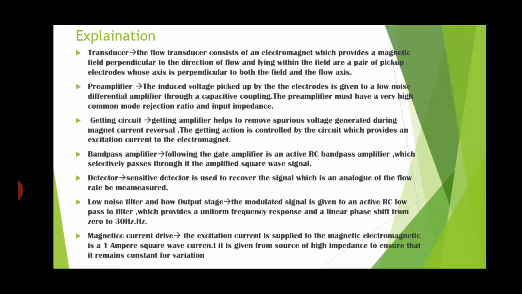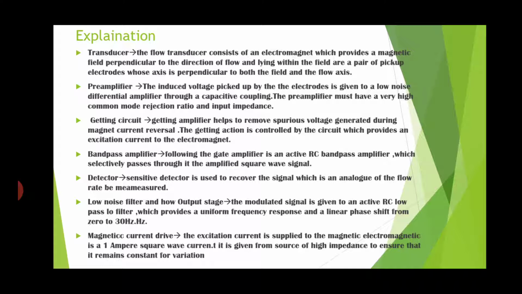Following the gate amplifier is an active RC bandpass amplifier, which selectively passes the amplified square wave signals. Detector. A sensitive detector is used to recover the signal which is analog of the flow rate being measured.